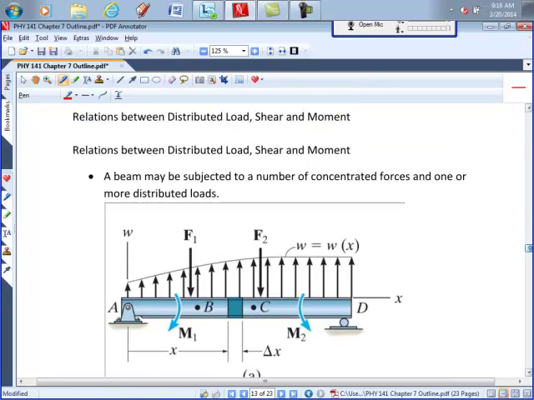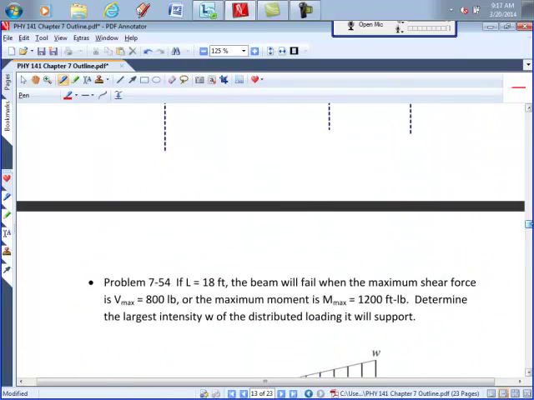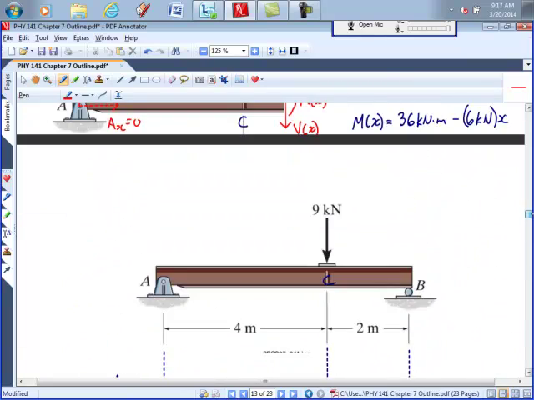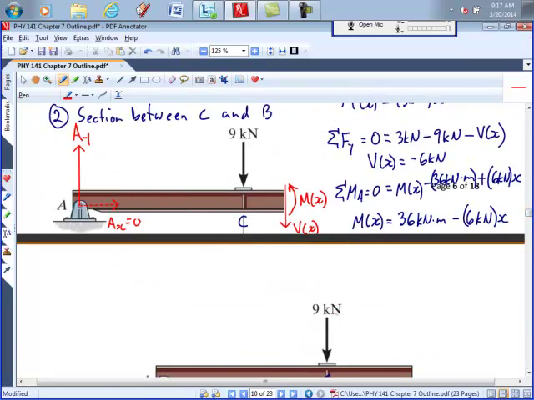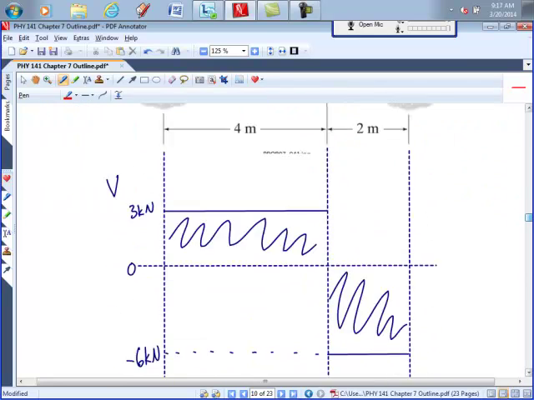Let's go back up and check that as well. There's a point load at A, which is upwards. That's the support reaction, 3 kilonewtons. So right away, we jump up to 3 kilonewtons. It goes with a slope of 0 because there's no distributed load until we reach C. C is a concentrated load of 9 kilonewtons down, which means we jump down 9 kilonewtons, from 3 kilonewtons down to -6.